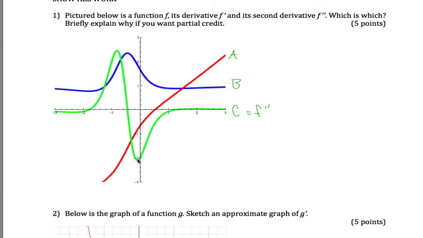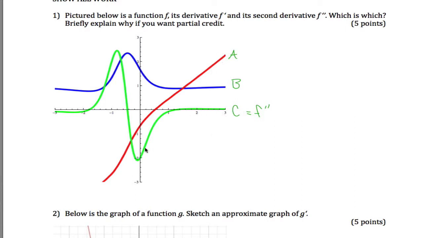Okay, so if this is the second derivative, that means this is the derivative of one of these two curves. The question is, which of these curves has this weird thing as its derivative? Well, we can rule out A pretty quickly, because A is always increasing, right? It's going up the entire time. The speed at which it's going up changes a tiny bit, but it's pretty much going up the entire time. So its derivative would have to be positive the whole time.